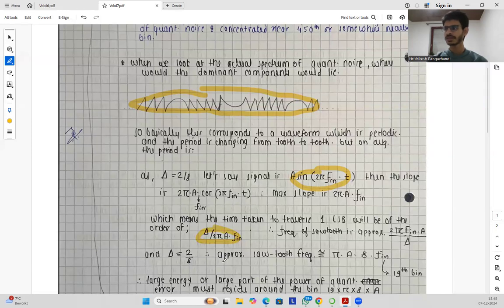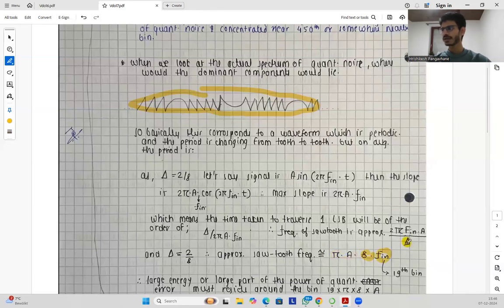If this is the time, then its inverse is the frequency of the sawtooth, which is approximately 2π fn times A divided by Δ. And we know Δ is 2 by 8, and the approximate sawtooth frequency comes out. This is a very crude and approximate value. It comes out to be π times A times 8 times fn.